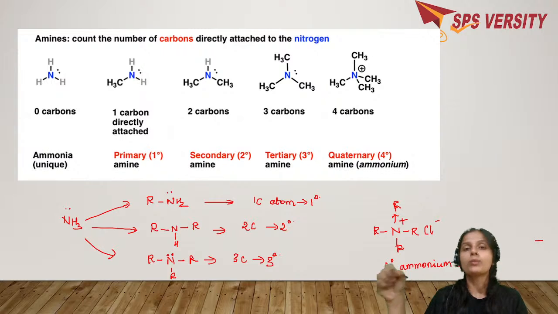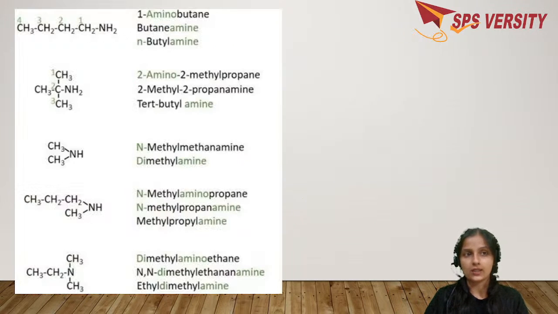Ammonium chloride. If you replace the hydrogens of ammonium chloride by alkyl groups, then it is called quaternary ammonium chloride or quaternary ammonium salt. This classification depends on the number of carbon atoms directly attached to nitrogen in the amines. Now we'll go to the next topic.